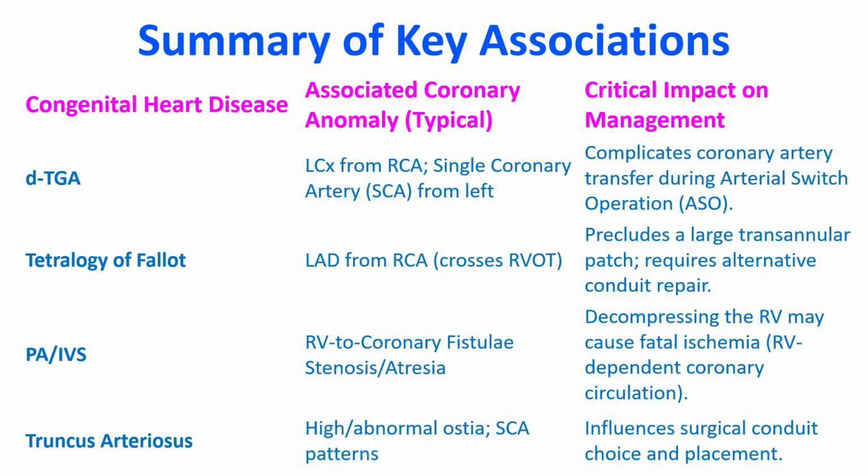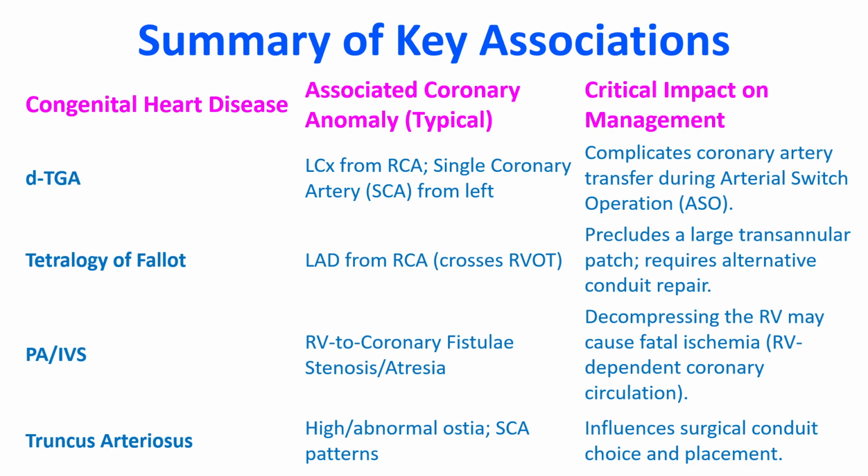Here is a summary. In DTGA, the circumflex can arise from the right side. There could be a single coronary artery from the left side, and these complicate coronary artery transfer during the arterial switch operation. In tetralogy of Fallot, a LAD can cross from the RCA across the RVOT, which precludes a large transannular patch and requires alternative conduit repair.